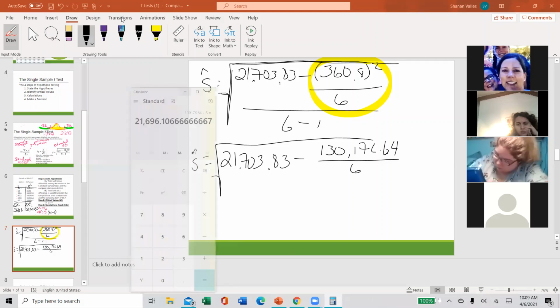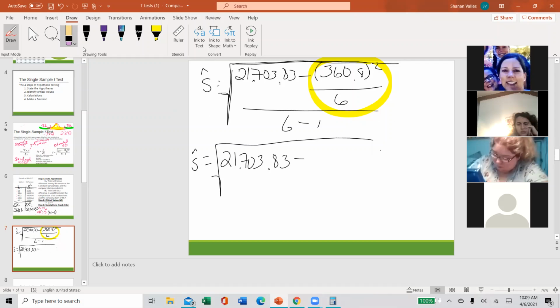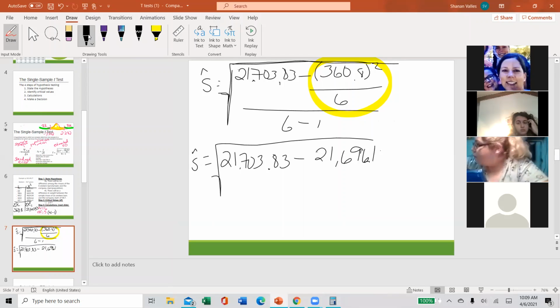Let me minimize this real quick. I'm just going to erase this because I have to write so big so you all can see it. So when I divided it by 6, we got 21,696.11.